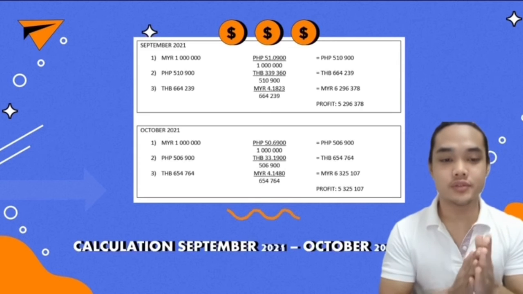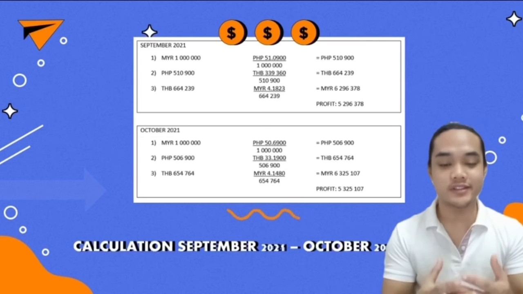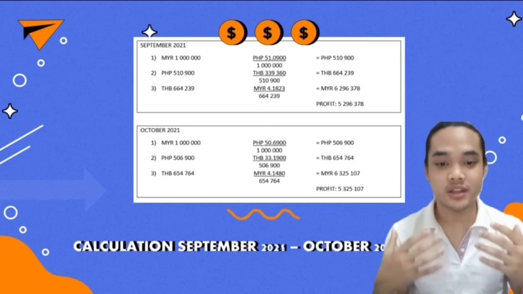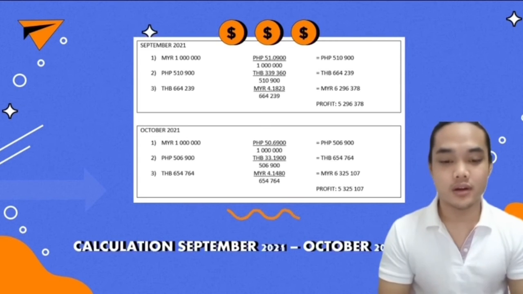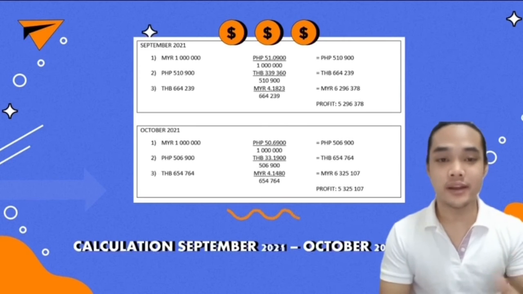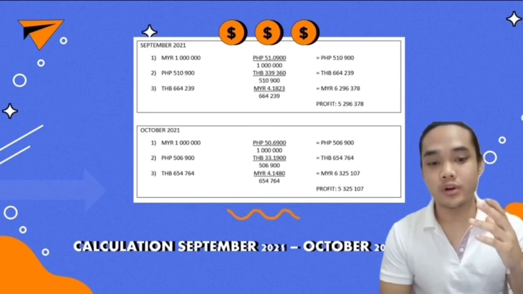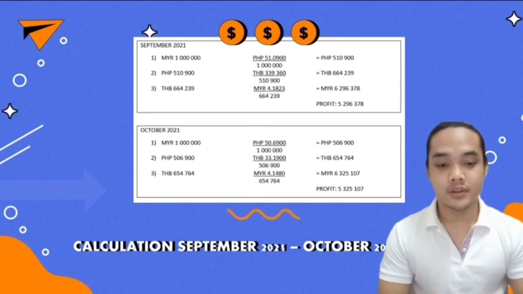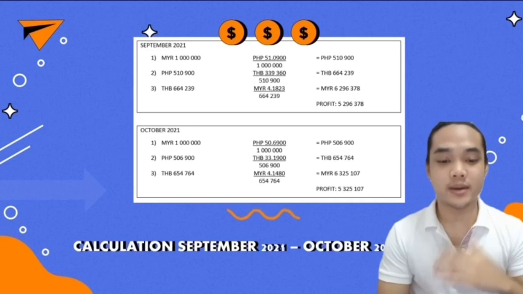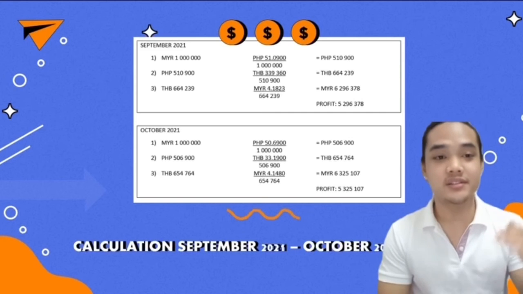So those are our calculation and analysis if we invested our started up capital to this currency, Philippine pesos and Thai baht. And the conclusion of our analysis, the profit that we can make if we buy their currency, is consistent.